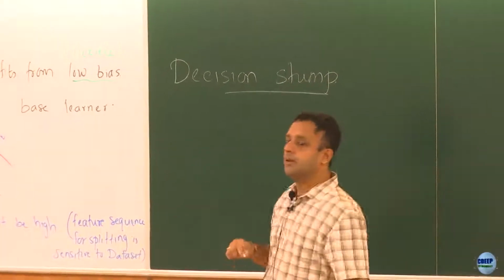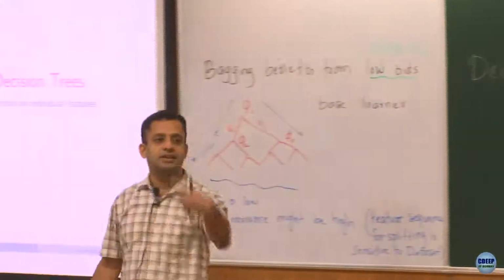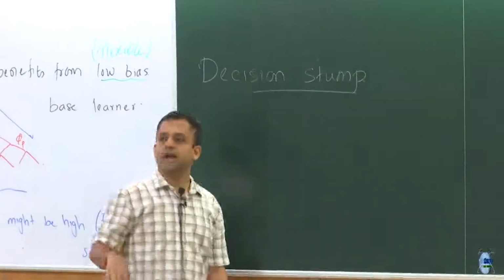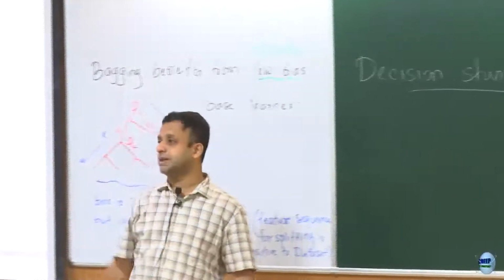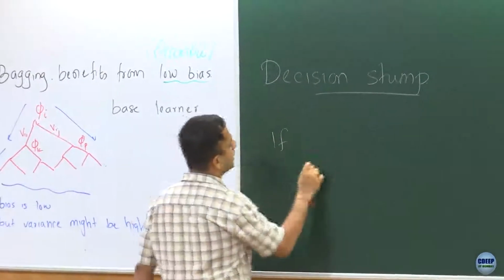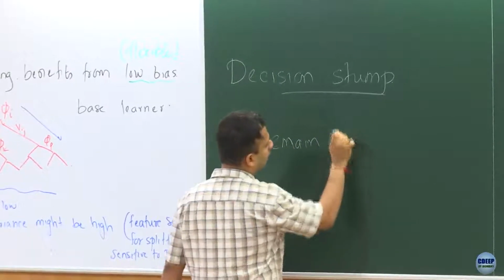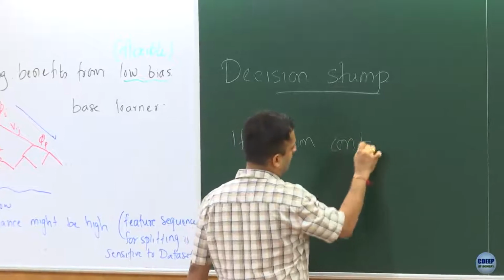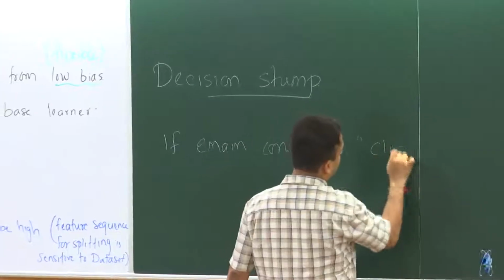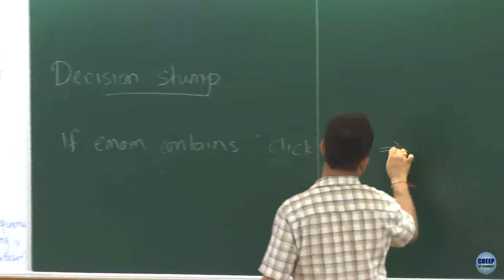The idea behind a decision stump, very much like your cricket stump, is that you just take one attribute. Let's say I want to develop a decision stump for detecting spam emails. I'll say if the email contains "click here", then spam.